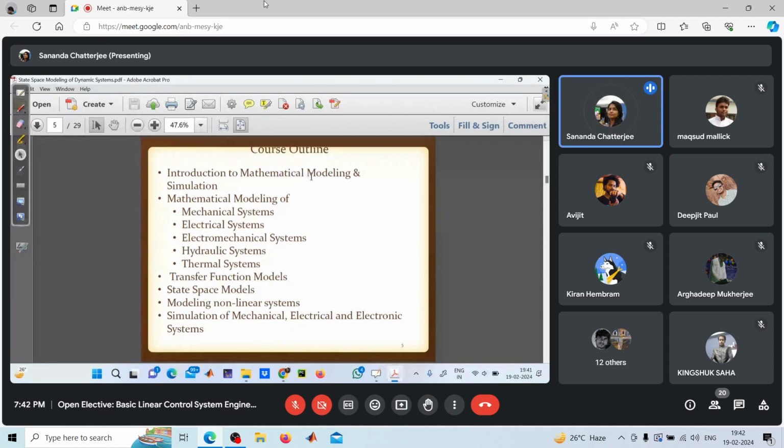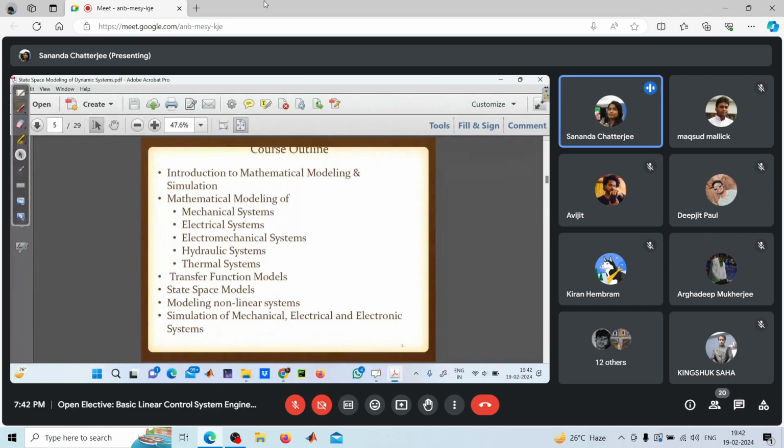That is our objective. Towards that objective, we will take mathematical models of some mechanical systems, electrical systems, a combination of these two, that is electromechanical systems, and hydraulic and thermal systems.